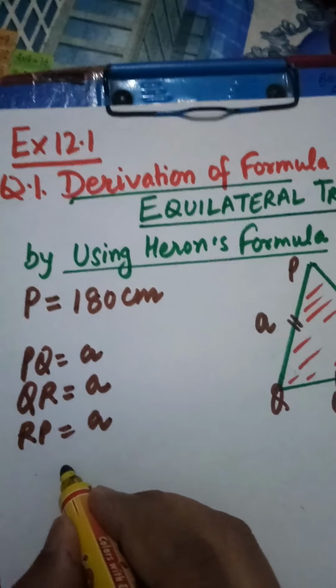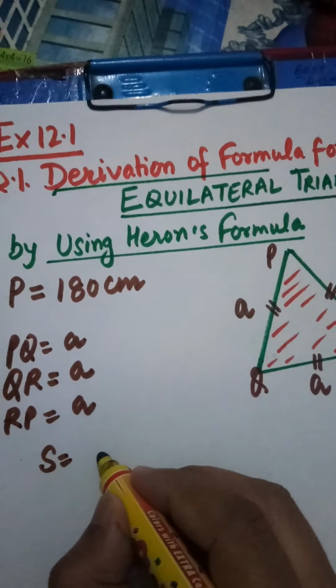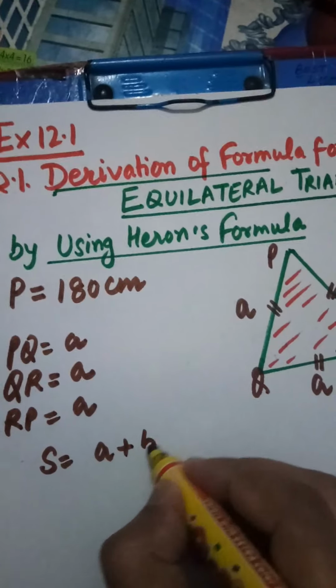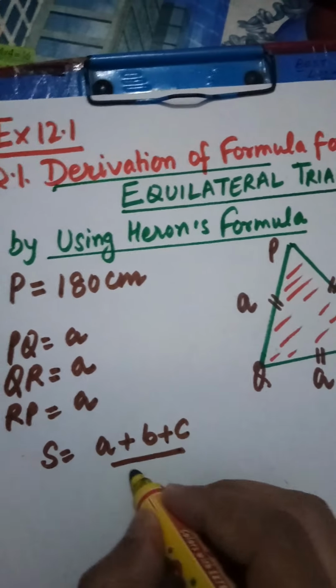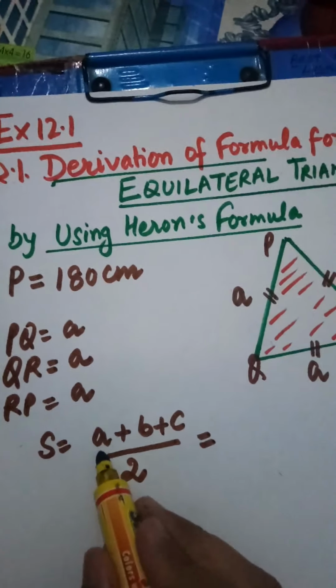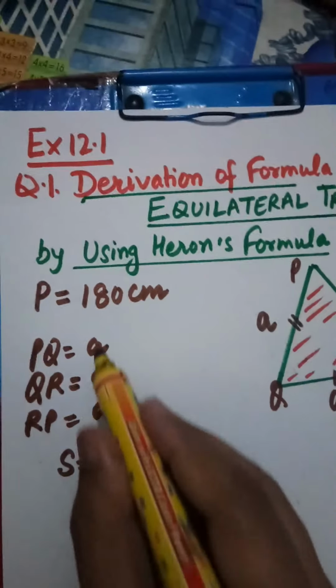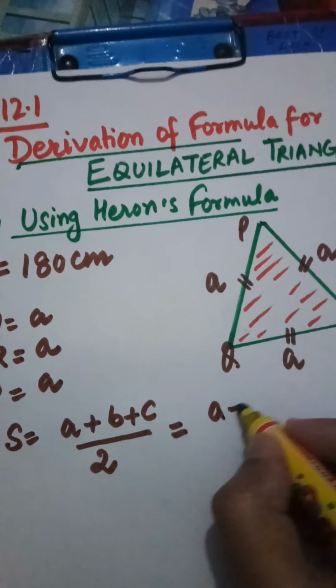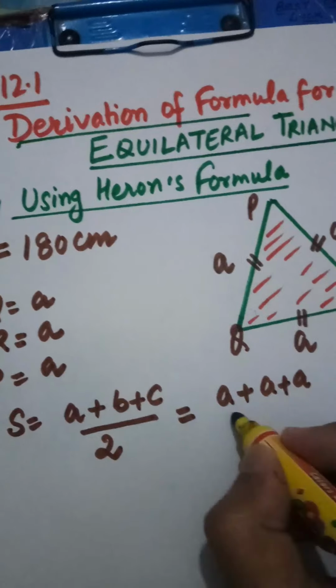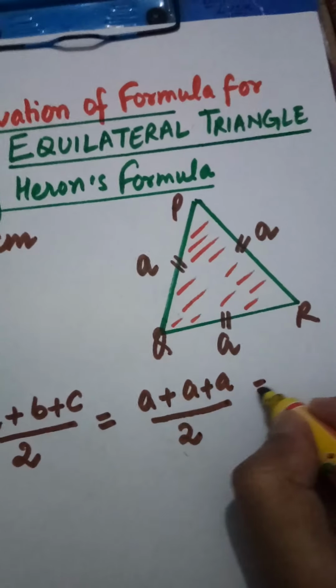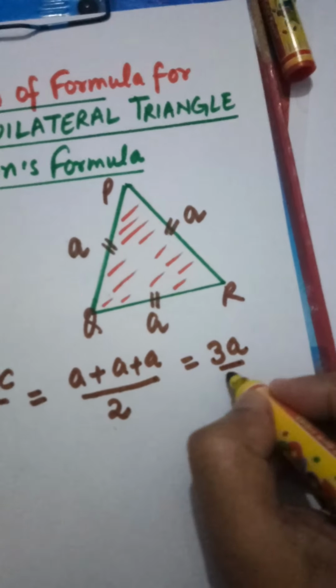So we have S equal to the sum of all three sides, that means A plus B plus C upon 2. This was our formula, but here A, B and C are the same. So A plus A plus A upon 2 is nothing but 3A upon 2.